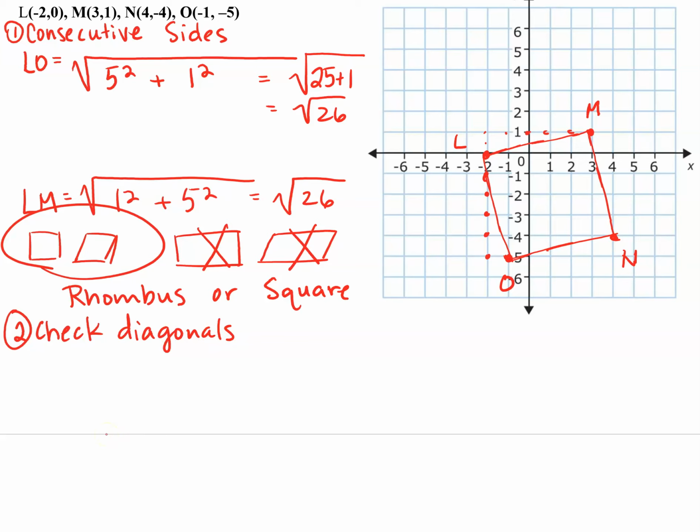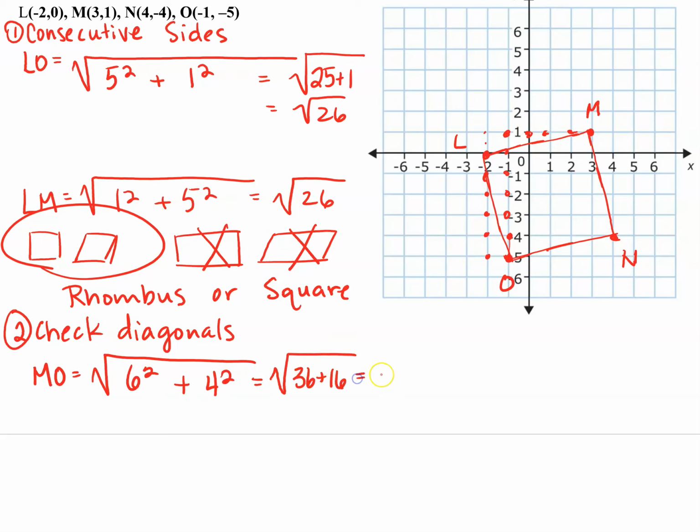All right, so that means I need to check MO. So I'm going to go 1, 2, 3, 4, 5, 6. 6 squared. I went 1, 2, 3, 4. 4 squared. I got 36 plus 16. 30, 40, 52. All right, now I'm going to go LN. All right, how do I get from L to N?